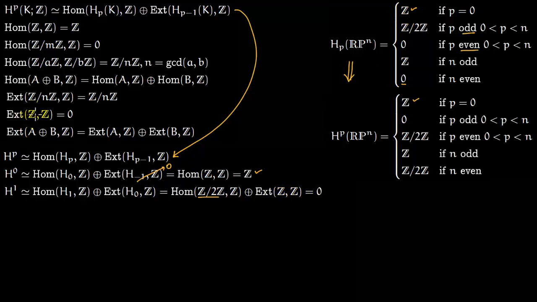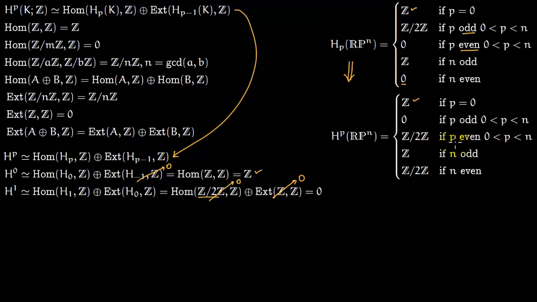Now look at this result, Ext(Z, Z) is 0, so this is 0. For this, because m is 2 now, this is also 0. So H^1 becomes 0. So for p odd it is 0, so you can compute H^3, H^5 and so on. The same result will keep on repeating itself, because you will keep getting odd here, so this term will become 0 and the second term will also become 0.